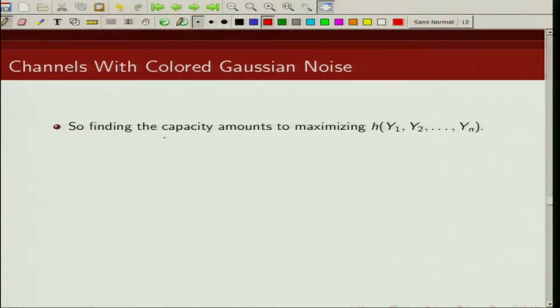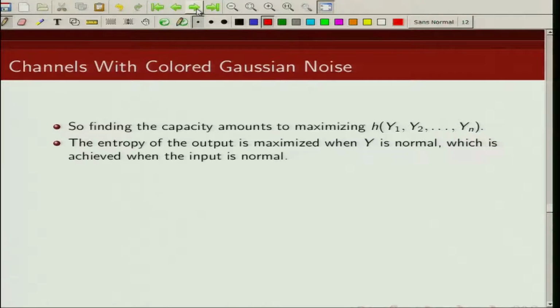So as I said, maximizing capacity is basically we have to find out what is the maximum value of this joint differential entropy H of y1, y2, y3, yn. Now we know that entropy is maximized when y is normal distributed.